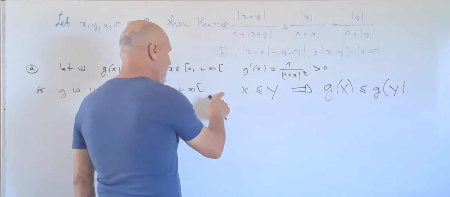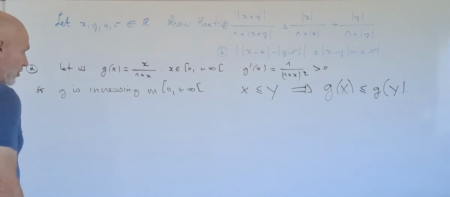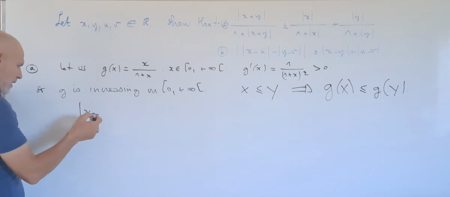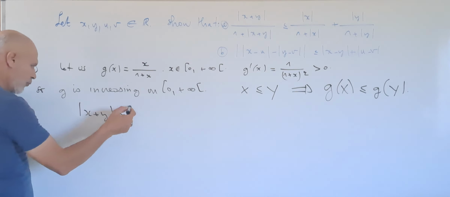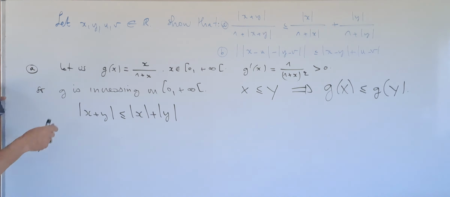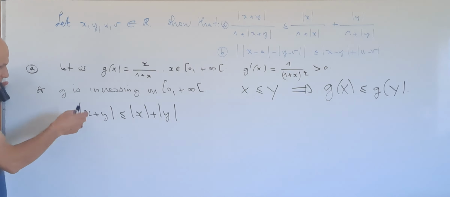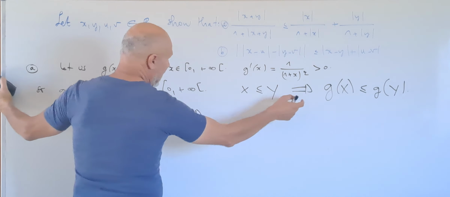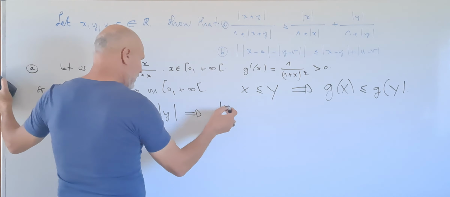Because the function g is an increasing function. Let us apply this property for x plus y, which, we know, is less than or equal to the absolute value of x plus the absolute value of y. This is the triangle inequality.